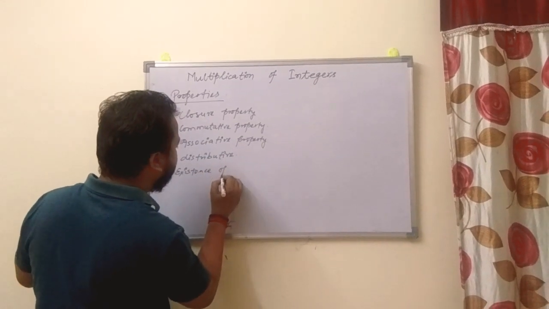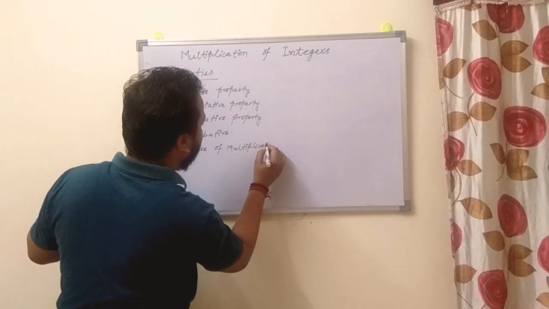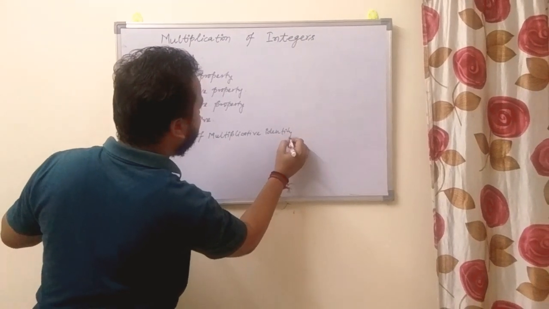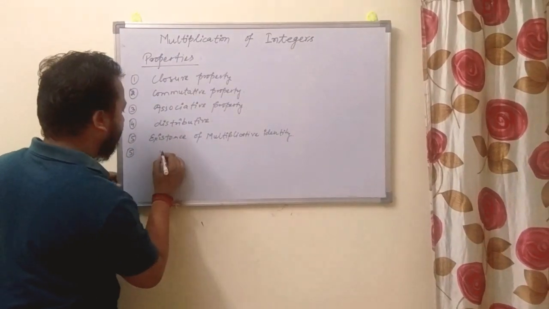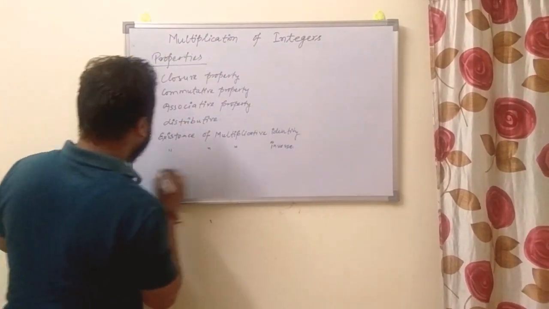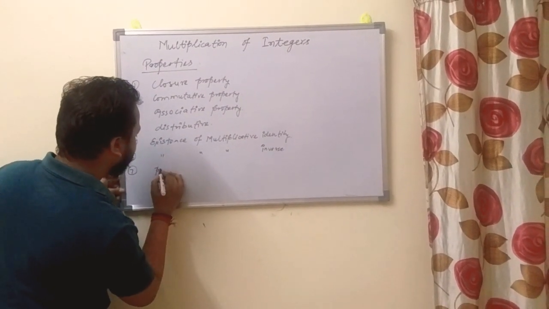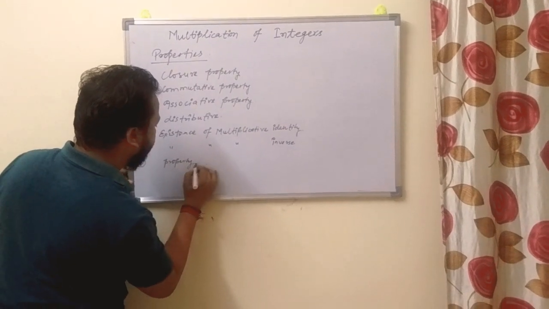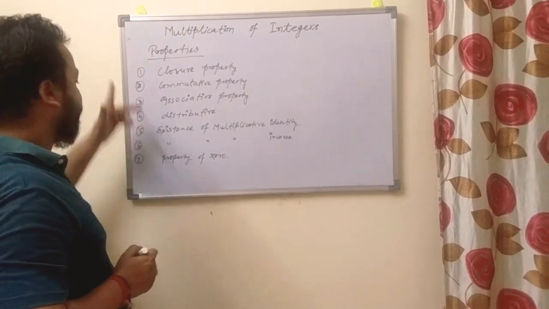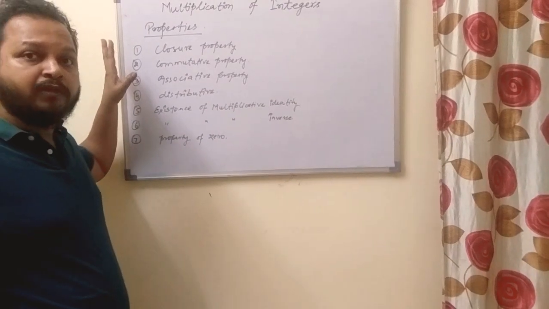Existence of multiplicative identity. Fifth one is existence of multiplicative inverse. Sixth, seventh one is property of 0. So these are the 7 properties of multiplication of integers. We'll discuss one by one.